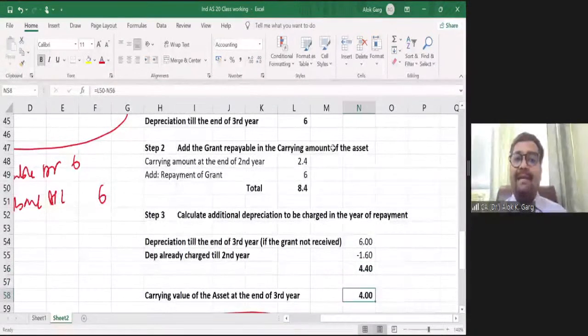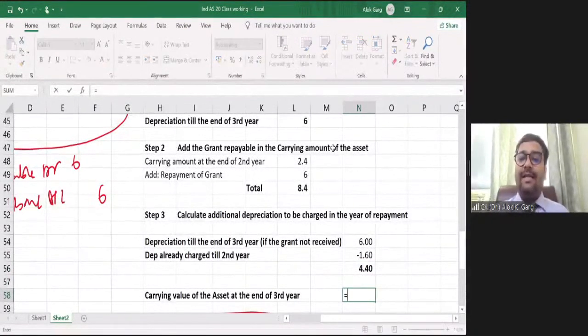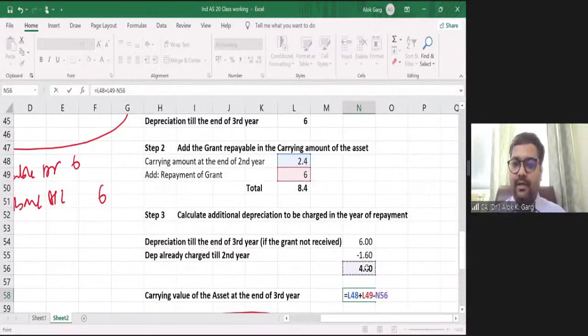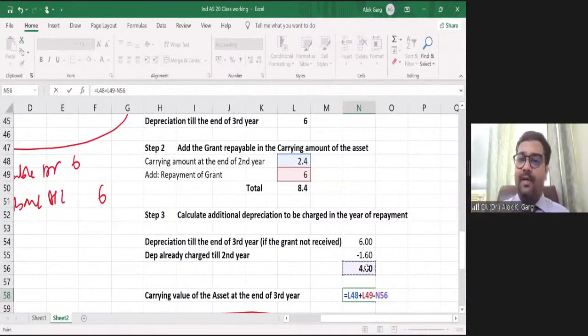Then what will be the carrying value at the end of the third year? The carrying value at the end of the third year will be 2.4 plus 6 minus 4.4. Because this 2.4 is the carrying value at the end of the second year. This 6 lakh has been added because we are repaying the government grant.